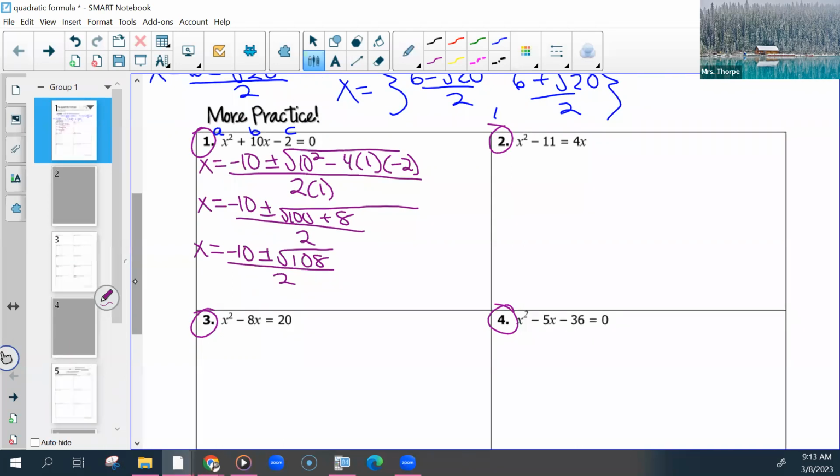Is the square root of 108 a perfect square? Will you get a whole number? So no. Because of that, we would just separate it. Negative 10 minus the square root of 108 all over 2, and negative 10 plus the square root of 108 all over 2. Questions on that one?